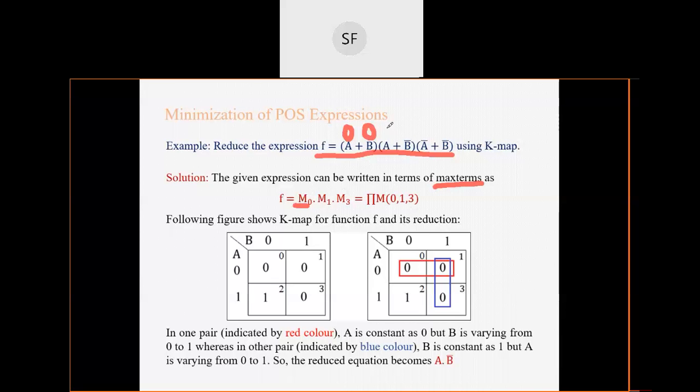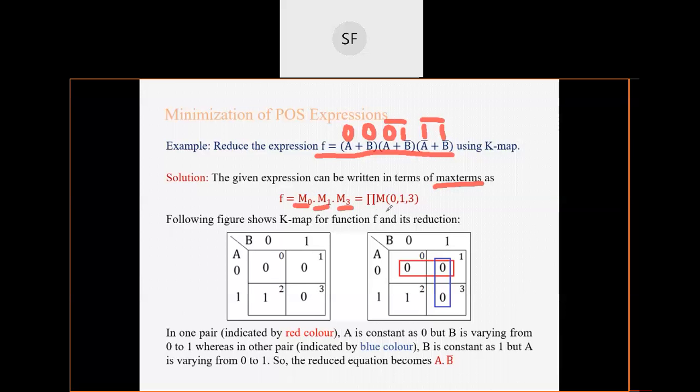Then moving to the next term, again this is an uncomplemented variable, this is a complemented variable, so you have to take 0 1. So 0 1 is nothing but equivalent to 1, that means M1. Similarly, both are complemented, then you have to take 1 1. 1 1 is nothing but 3, so M3.